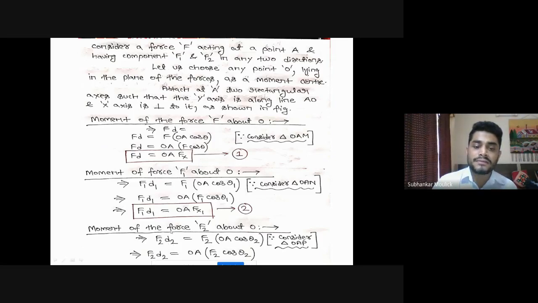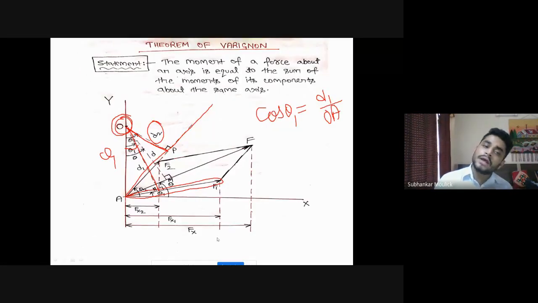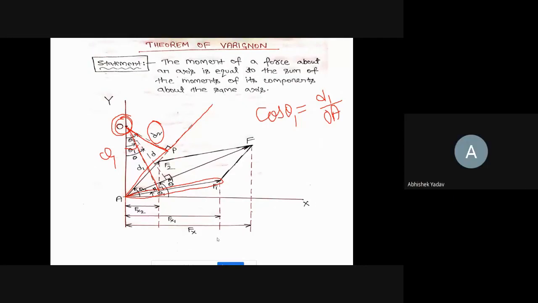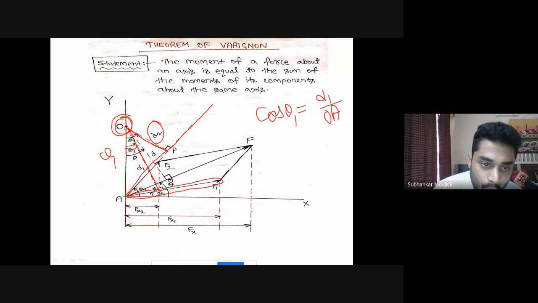Again, you have to replace D2 in terms of OA and cos theta. Can you tell me which triangle I will consider? OAP. This angle is theta 2. So cos theta 2 is equal to base, D2, upon hypotenuse, OA.